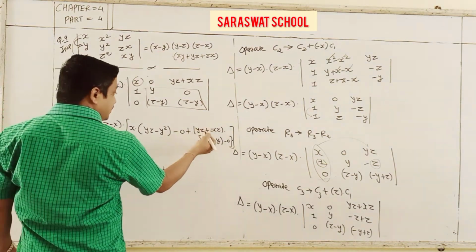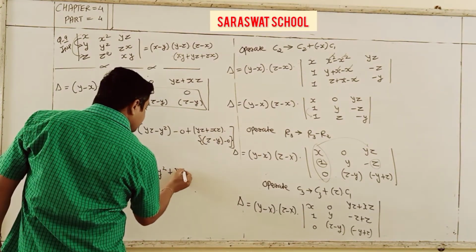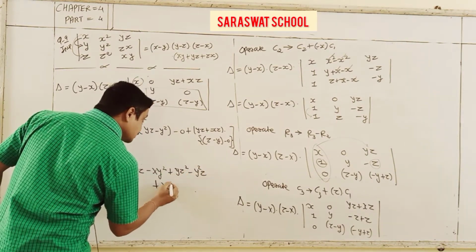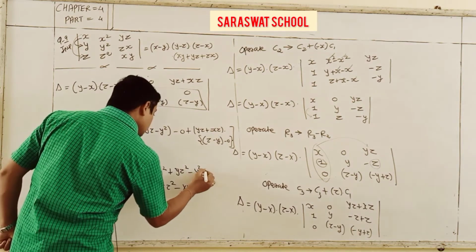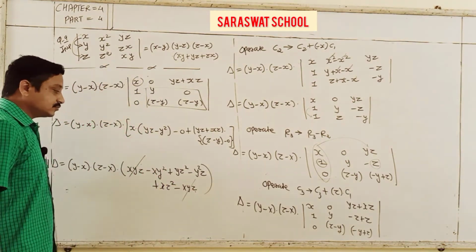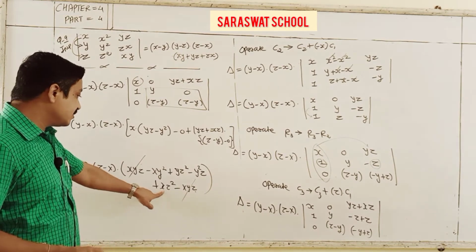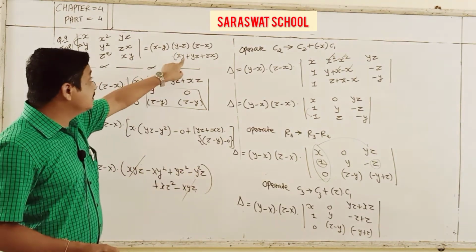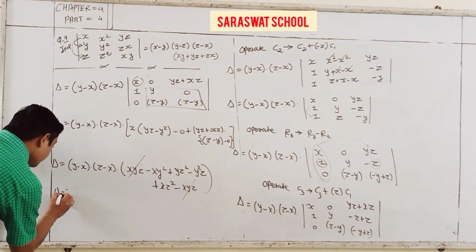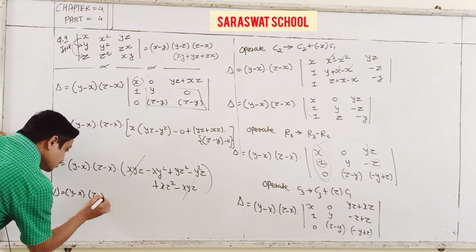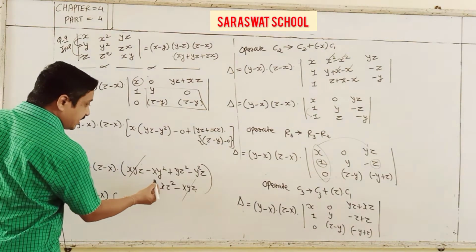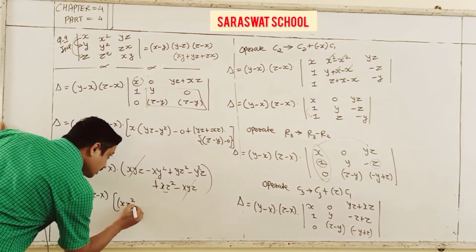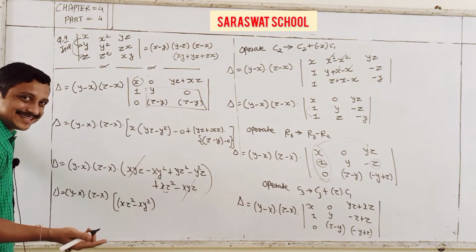Now here multiply by z, so yz square minus y square z plus xz square minus xyz. Now students, this xyz is gone. Others you can check: xz square, nothing cancels, xy square, yz square, y square z, you create the identity. So del is the same y minus x, z minus x. Here I will take the common terms, xy square with xz square, so xz square minus xy square. Finally x common, and z minus y, z plus y.